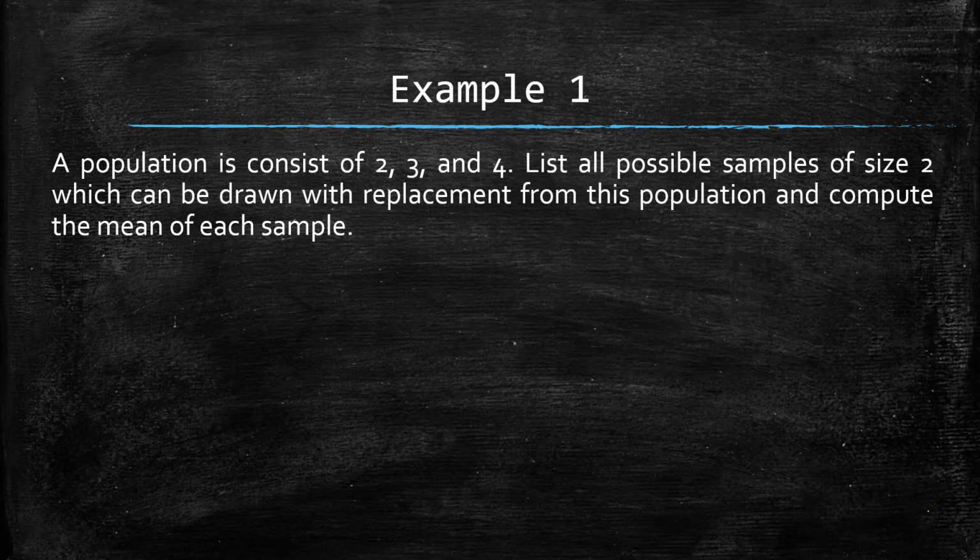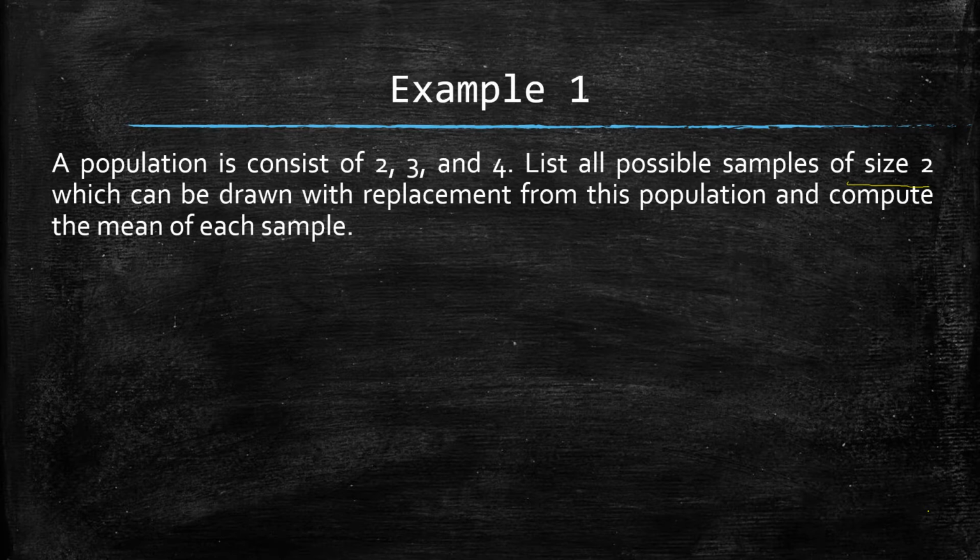In our example, how many events are there? Based on the given, you have a sample size 2, so that means there will be 2 events. So we're going to take 2 from our population. We have sample 1.